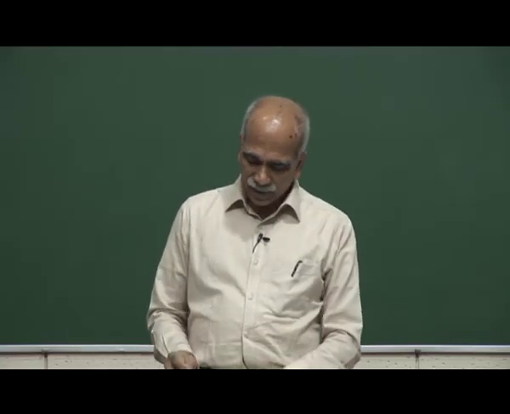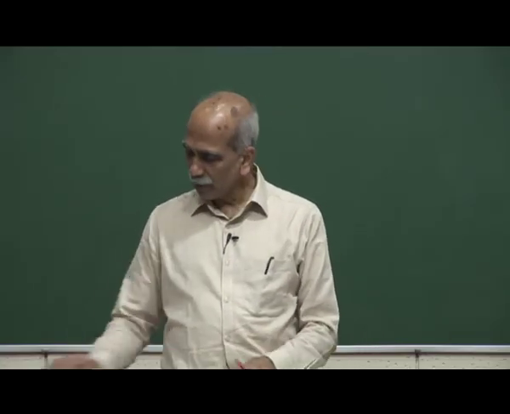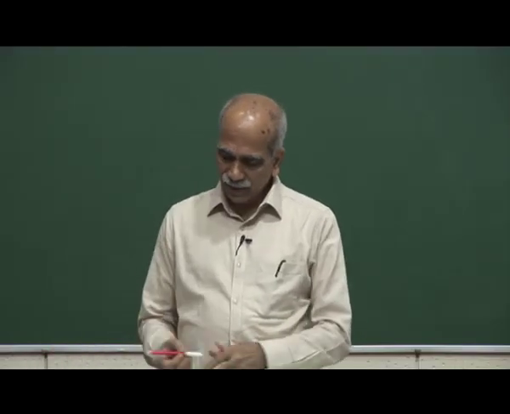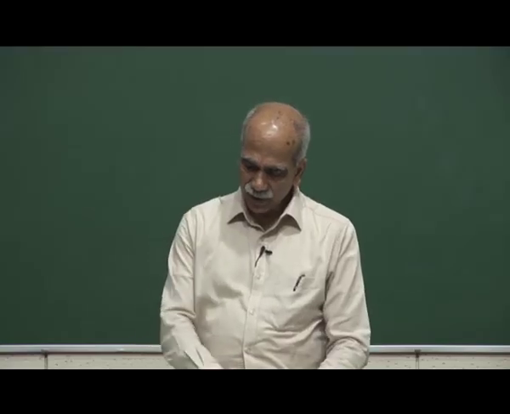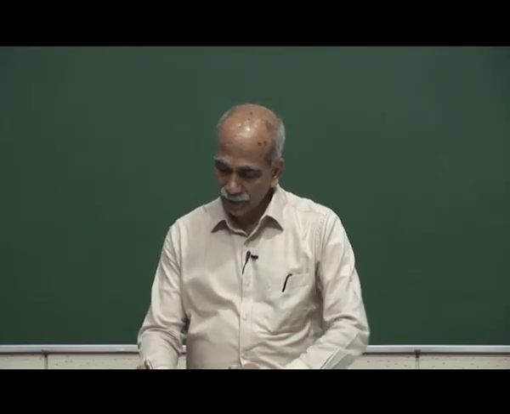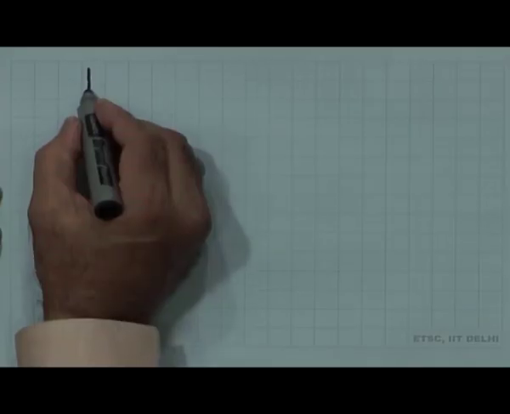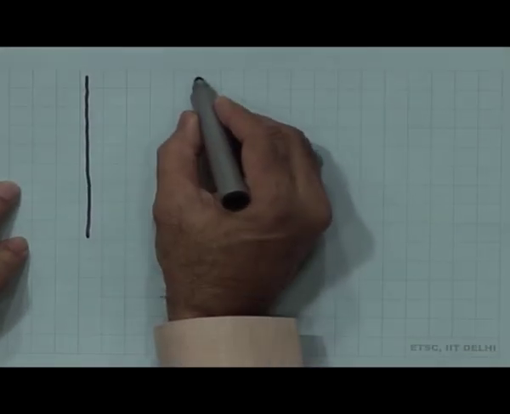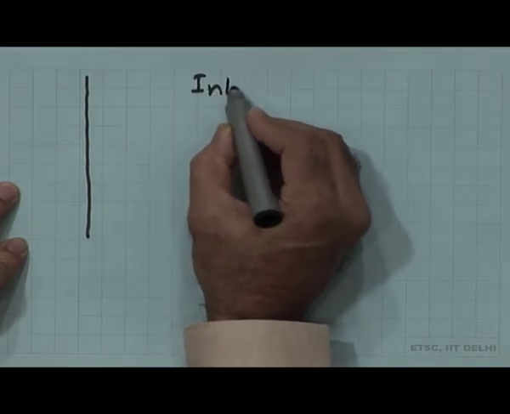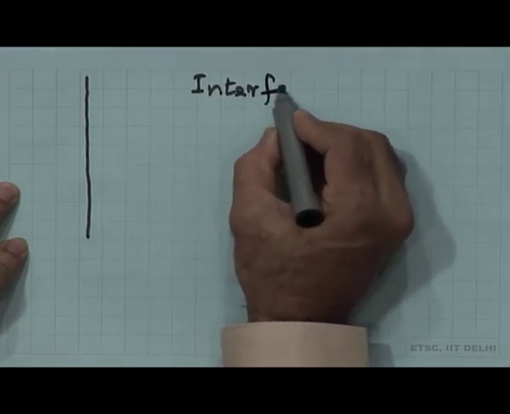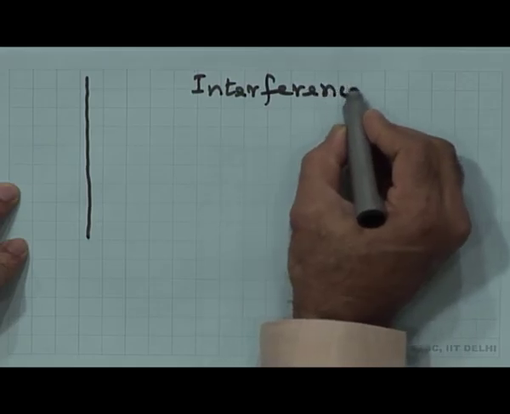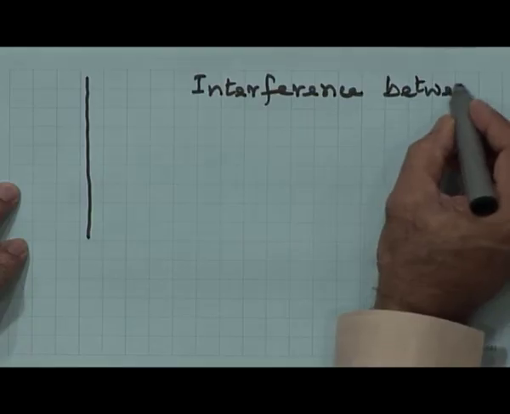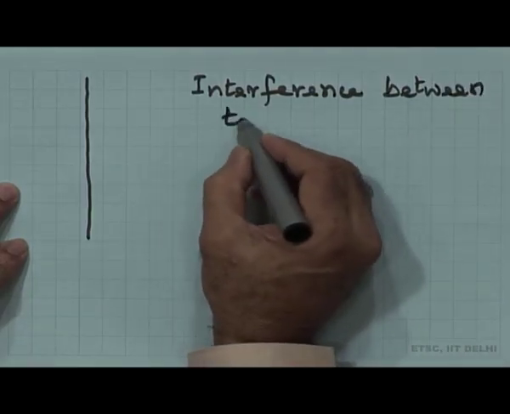So, let us look at this issue. Let me take up two wavelengths, one blue and one red, and plot them with time. I am now looking at interference between two different wavelengths, lambdas.